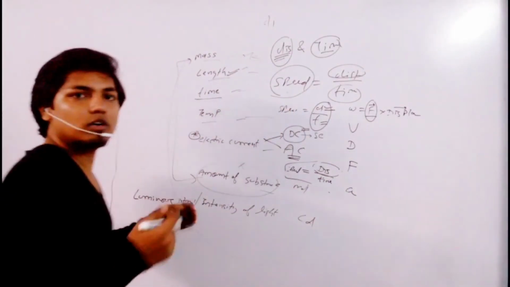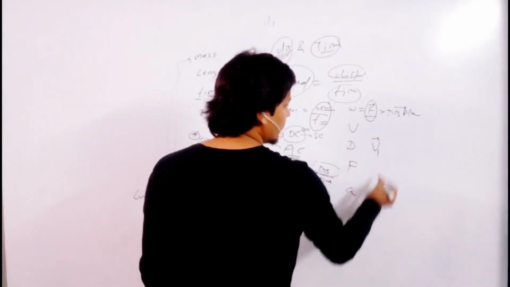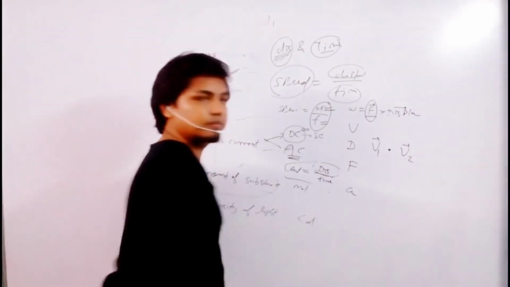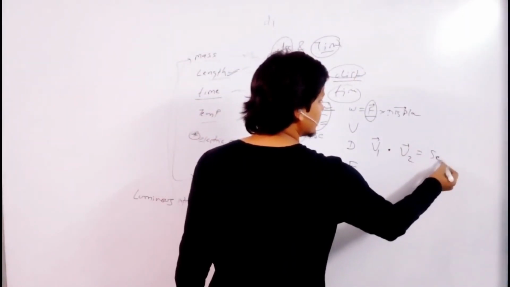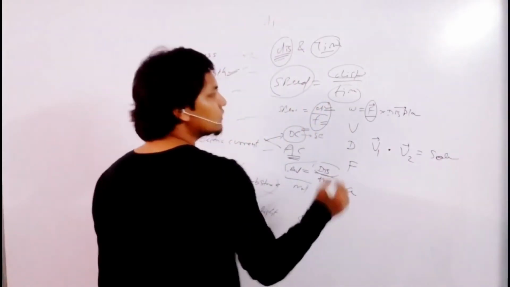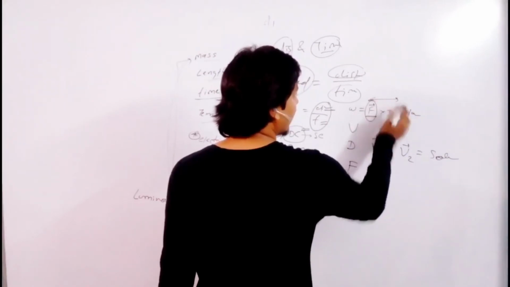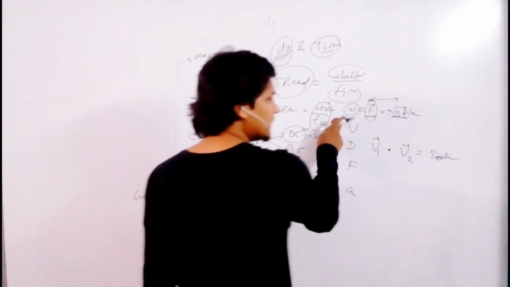Now what is dot product, what is cross product? Suppose you have vector 1 and vector 2. If you take the dot product, your answer will be a scalar quantity. Force and displacement are being multiplied and giving you work. Work, we know, is a scalar quantity.